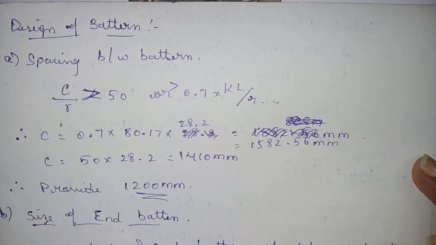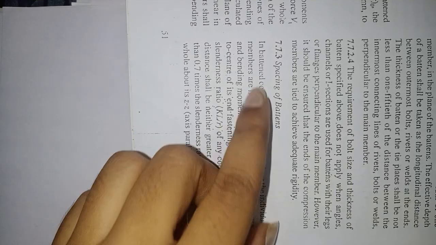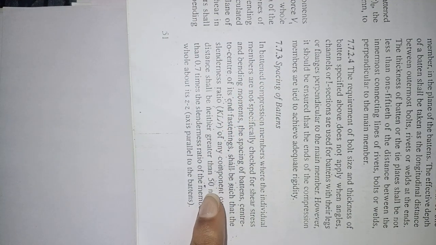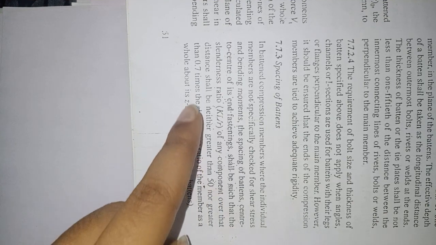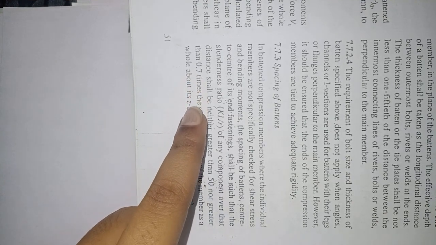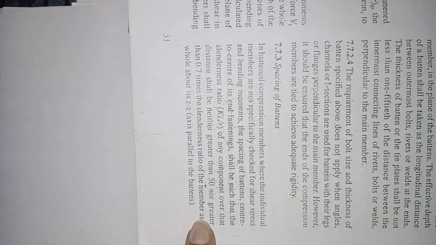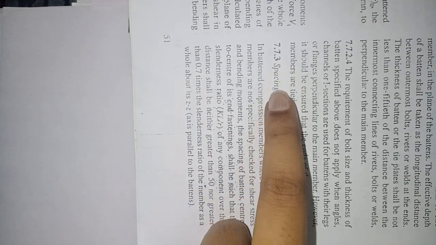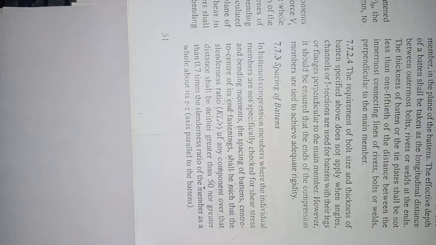So this is given in the code book. See here 7.7.3 spacing of battens. It should be greater than 50 and also it should be greater than 0.7 times of the slenderness ratio of the members. Got it?